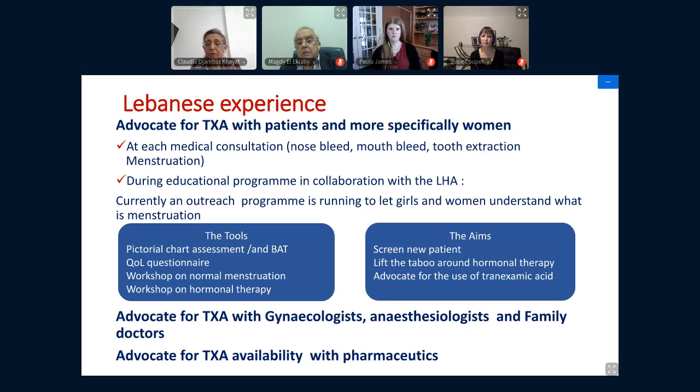Again, we advocate for tranexamic acid with anesthesiologists and family doctors. And finally, we advocate for the availability of tranexamic acid with pharmaceutical companies. Unfortunately, this drug is cheap, so it's not interesting for them to bring it to the country. So even if it's registered with the Ministry of Health, the pharmaceutical companies do not bring the drug, and it is always difficult to have this kind of drug in the country.